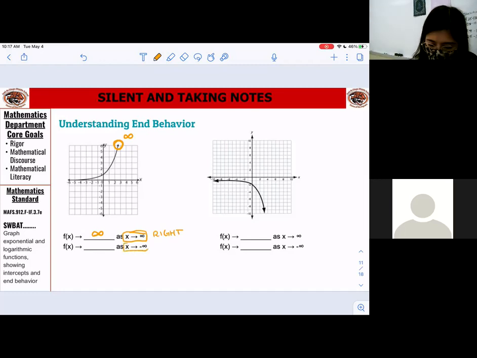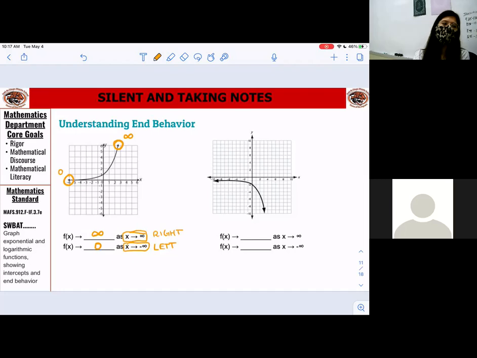Negative infinity. So that's the left side. What's happening on the left side of the graph? Is it going down? It's trying to reach the x-axis. So it's approaching what? 0. Good. So there you go. Now try 2.